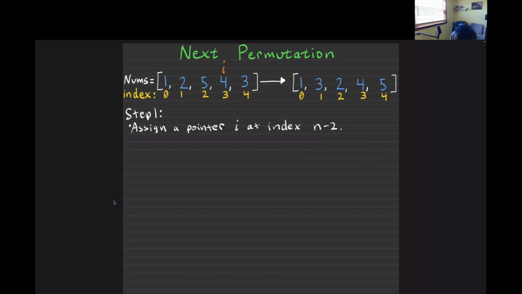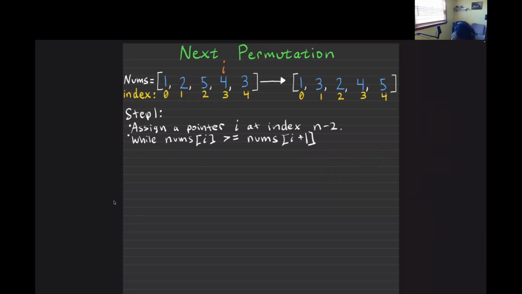So next, but this is still for step 1, so it's a multi-part step: while nums of i is greater than or equal to nums of i plus 1.